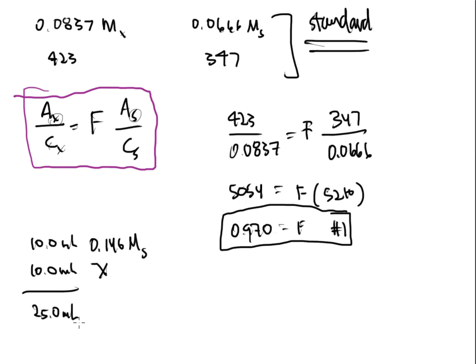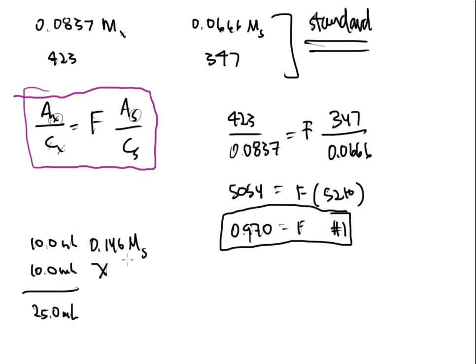And they wanted to know what on earth is the concentration of the unknown, right? That's what they're after. So we've got to use this F factor in order to help us determine what the concentration truly is. That's that relationship.